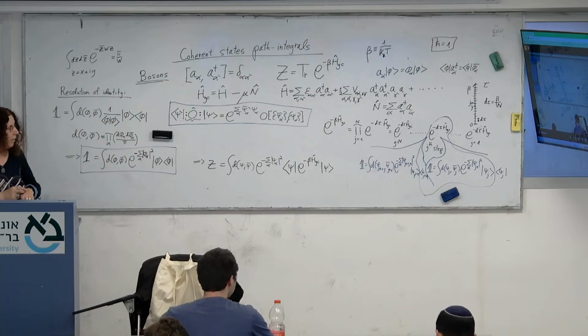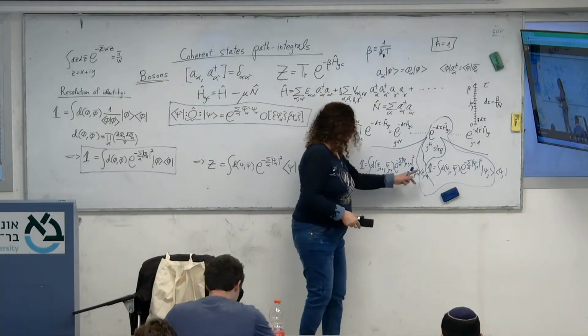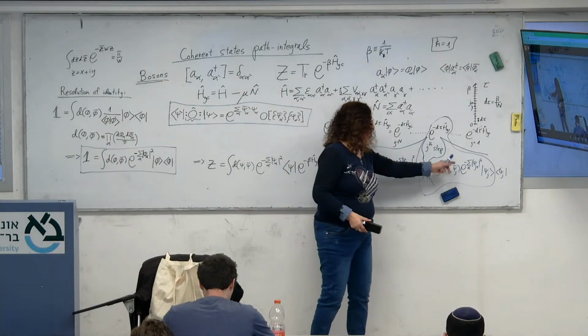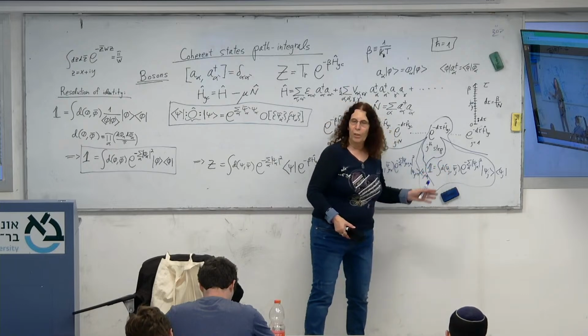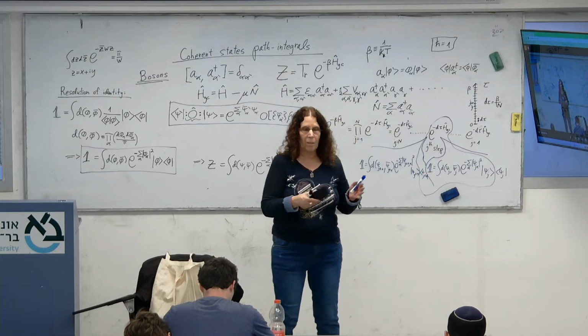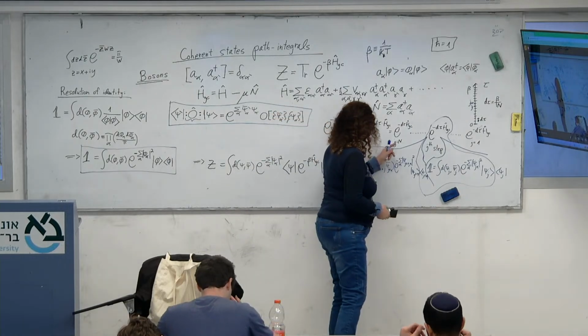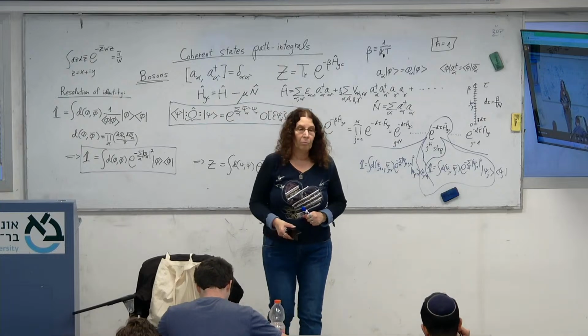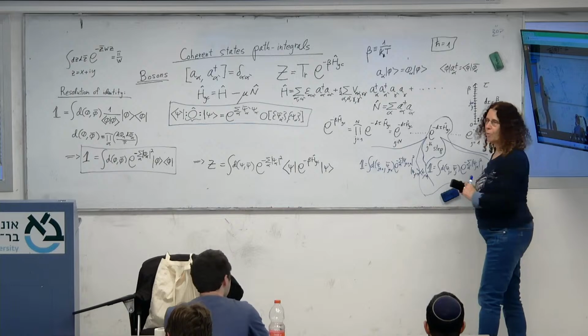Let me write down what we get in the end of the process. What I'm going to get is a product of integrals over all the j's running from 1 to n of such time steps.